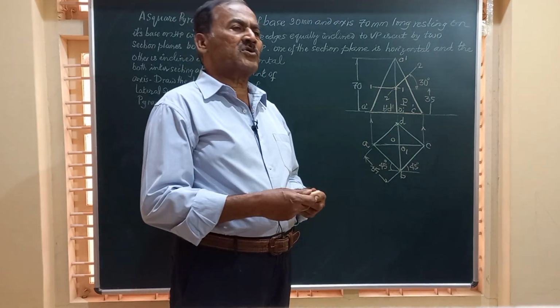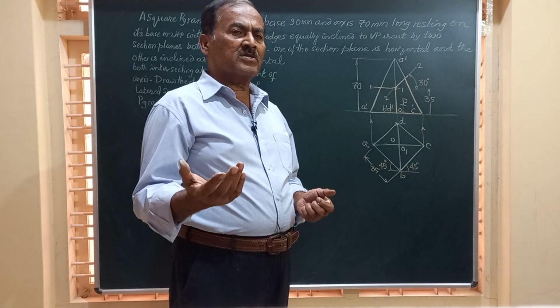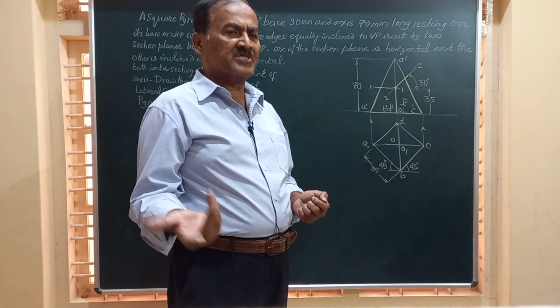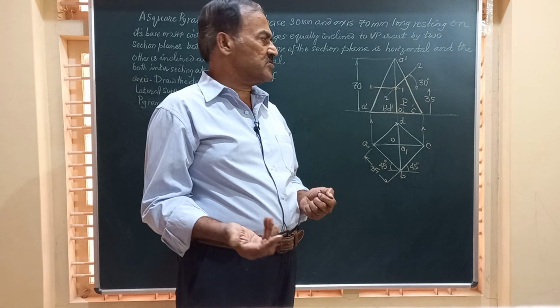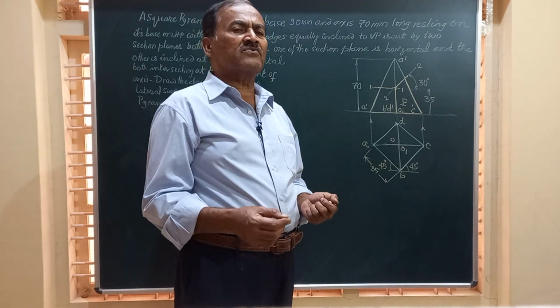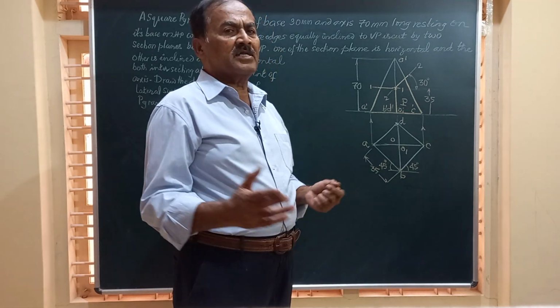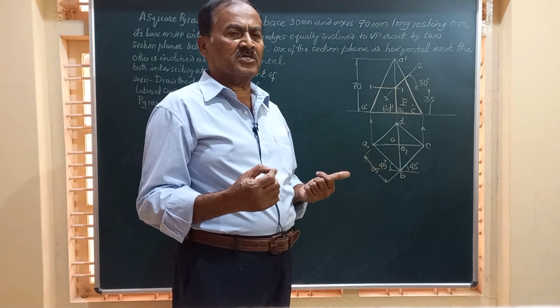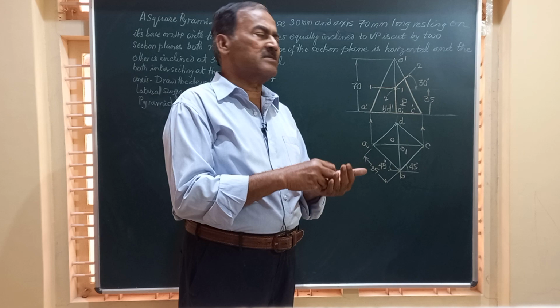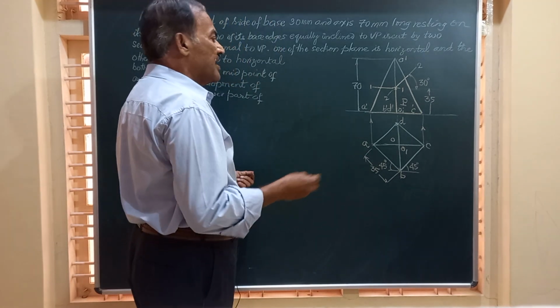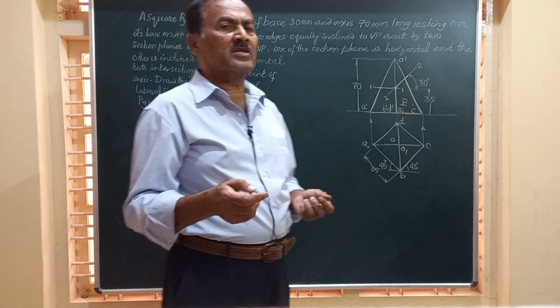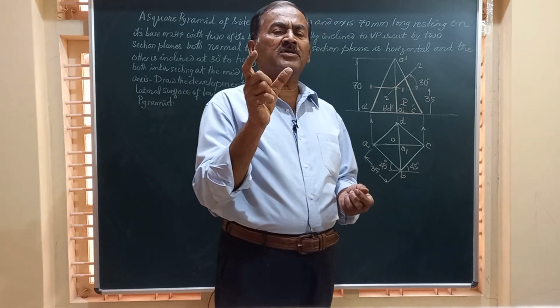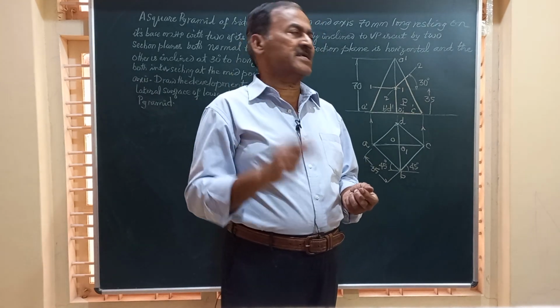Friends, for all the problems on pyramids or prisms or cubes or cones, you have to first of all draw the development of the lateral surface of the pyramid, say in this question, assuming it is not cut by any section plane. And for that, you know very well, we need to have the true length of all the slant edges.